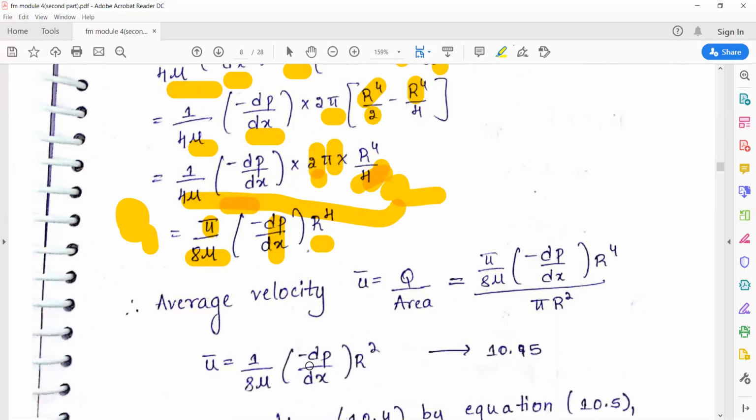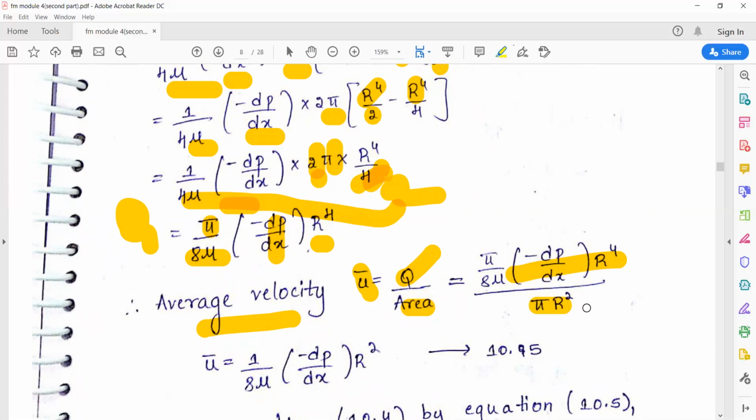Now to have the average discharge, because discharge is equal to area into velocity, velocity is the average velocity. Q is equal to area into velocity, so velocity is equal to Q by A. We have the expression for Q, and we have the area. The circular area is pi r square.